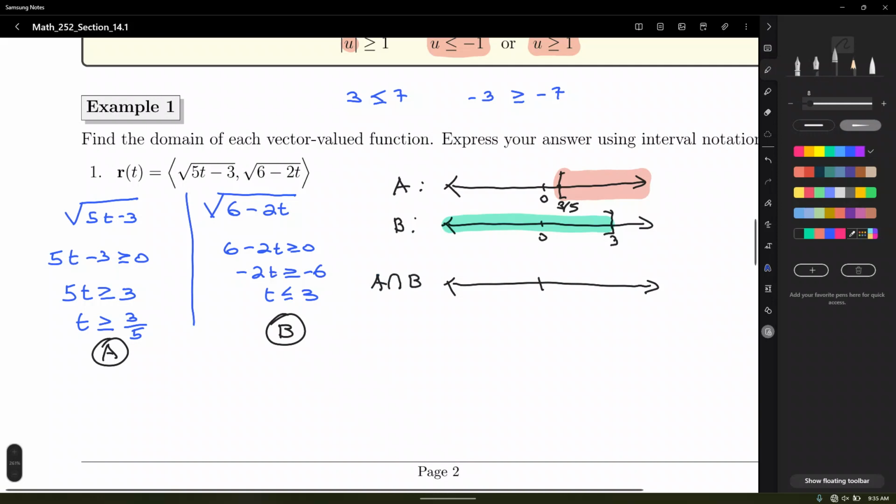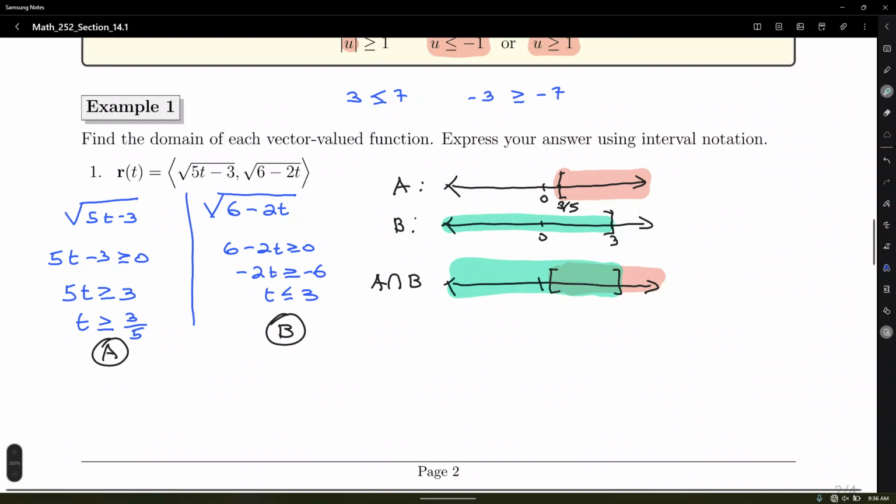Okay. So essentially I'm going to repeat these shadings here. So that'll be 3/5 and 3. So to the right of 3/5 with this color, and to the left of 3. Now, for some reason, maybe I should have chosen different colors.